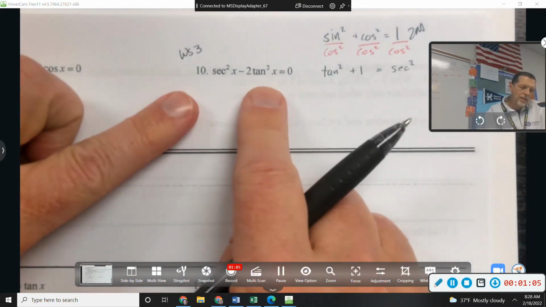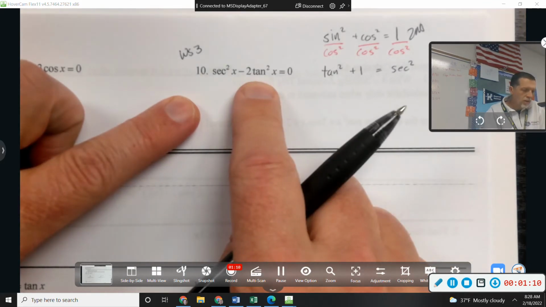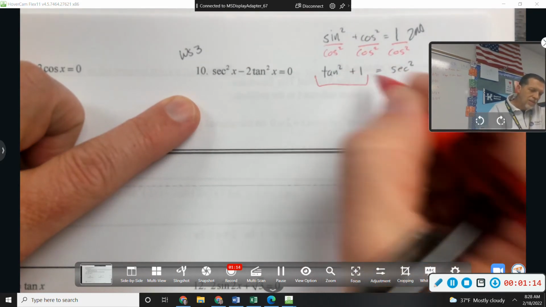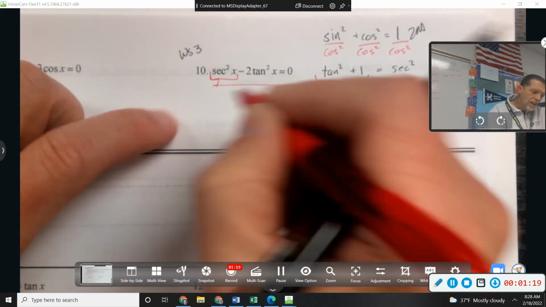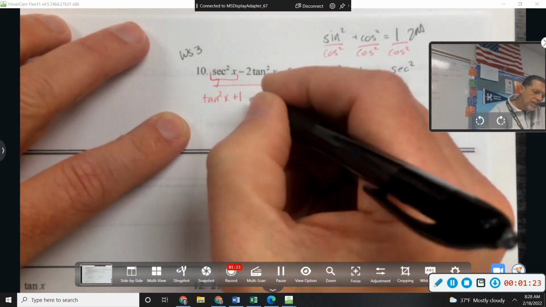Okay, well, I could solve this for tangent and plug in secant squared minus 1, but I think I'd rather just put in tangent squared plus 1 for secant squared.